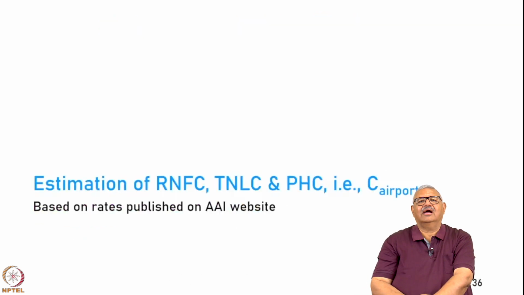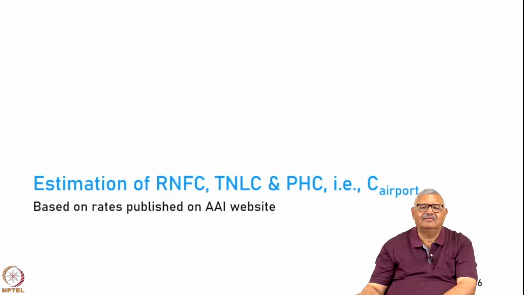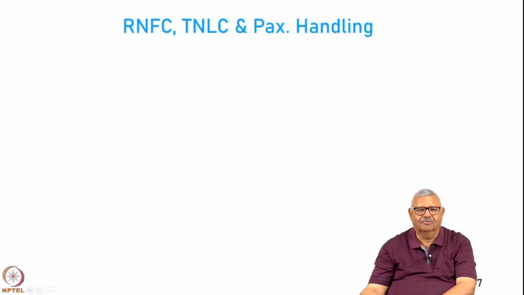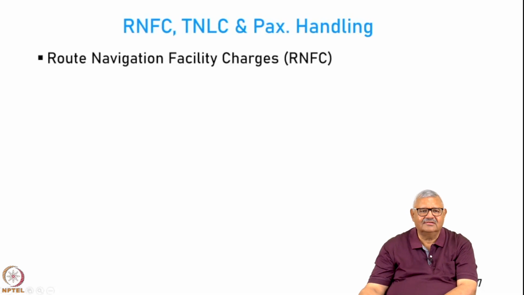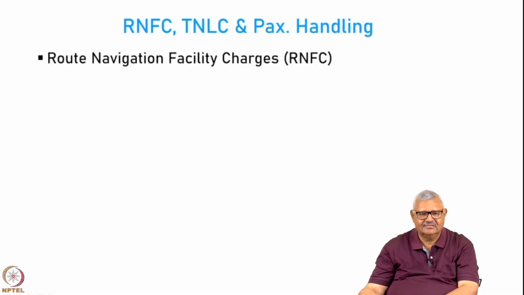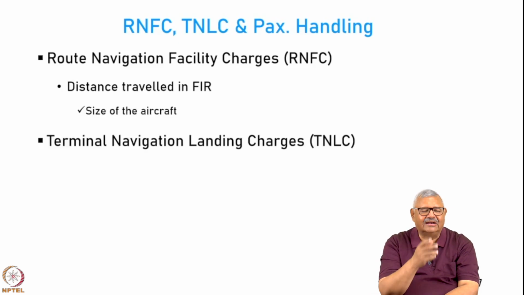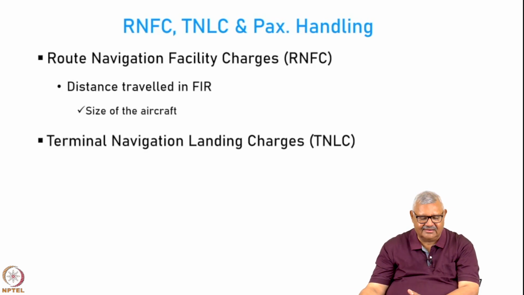And lastly, we look at the airport charges, or the charges towards RNFC, TNLC and PHC. Now, what is meant by all these charges? RNFC stands for Route Navigation Facility Charges. This is a function of the distance travelled in the flight information region and the size of the aircraft. The terminal navigation and landing charges are TNLC.